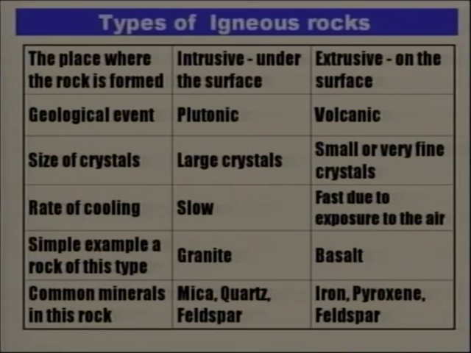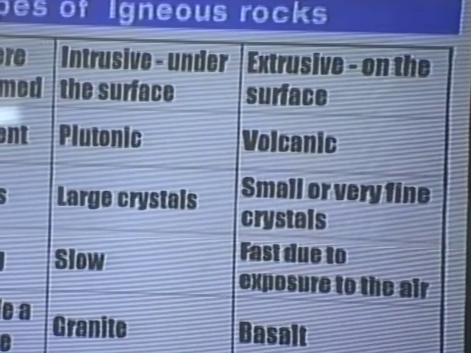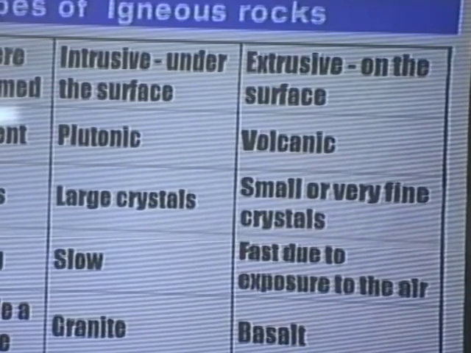Intrusive meaning inside or under the surface. Any magma that comes out onto the surface will become an extrusive feature. Extrusive meaning on the surface. So we now have two groups, intrusive and extrusive.